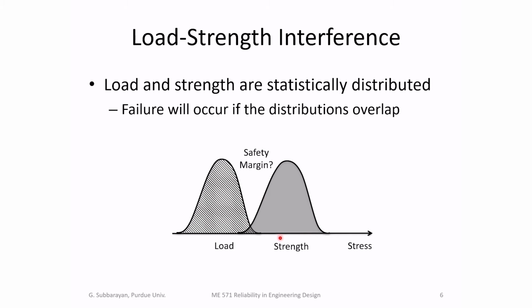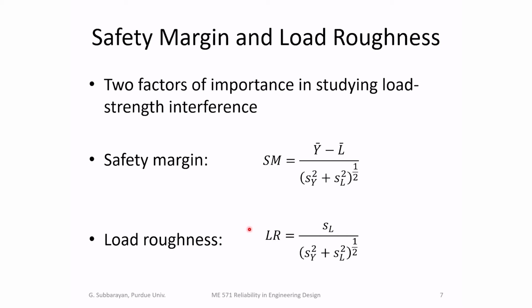Now, in order to carry out the design using this load-strength interference concept, we will define two statistical quantities, two factors, if you will. Those factors are called safety margin and load roughness.